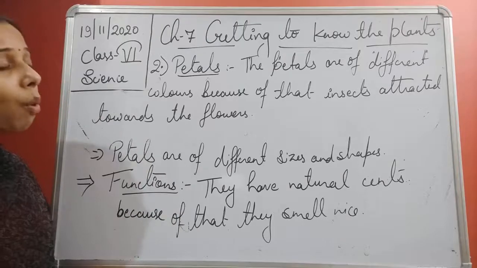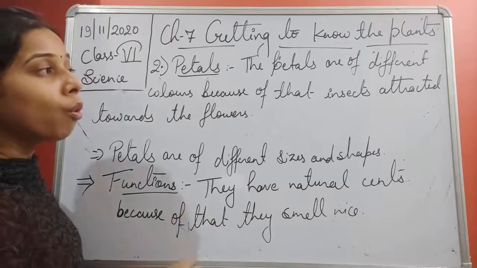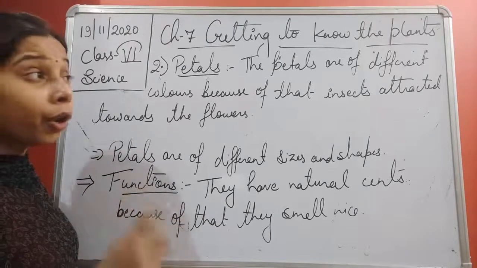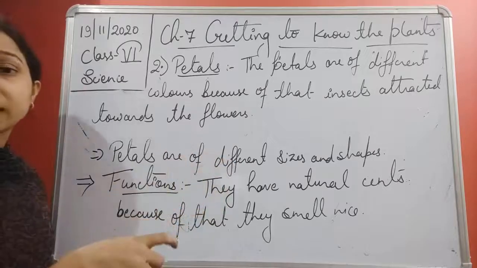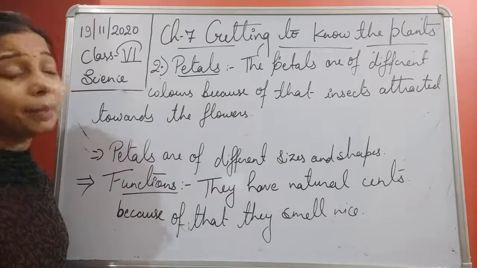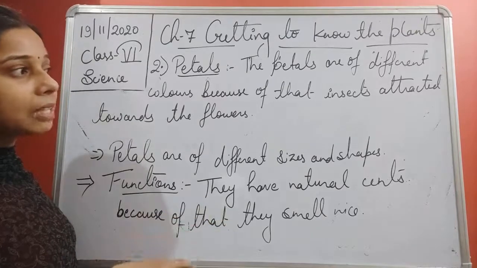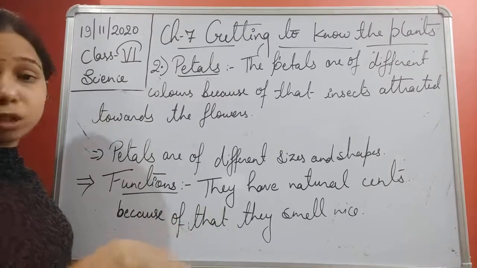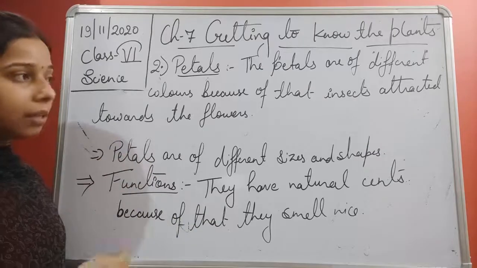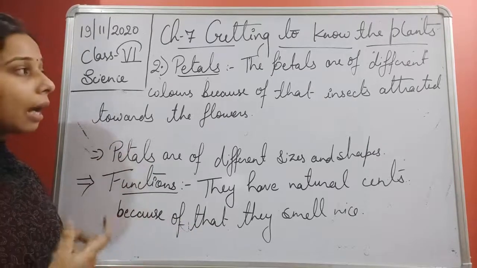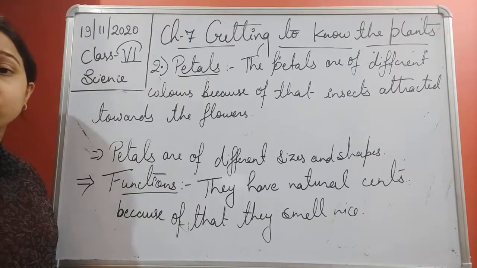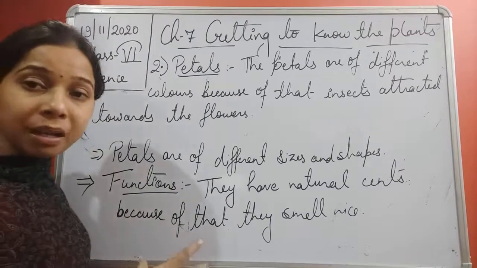Because of all these things, they go and sit on the flower. Not only this, they will obtain the nectar, a chemical substance given by the flower. They suck the nectar from the flower, that is the flower juice, and ultimately with the help of that, they prepare the honey.